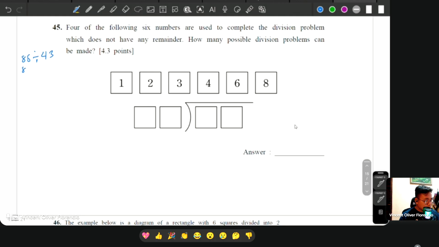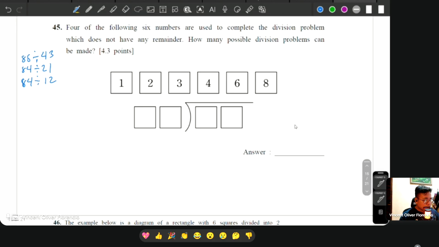Let's say 84. 84 is divisible by what? Divisible by... Sir, can we use 42? No, because you're going to be using the same number already. You will duplicate 4. Okay? Now, what can we use? We can use here 21. Aside from that, also take note that 84 is also divisible by 12.